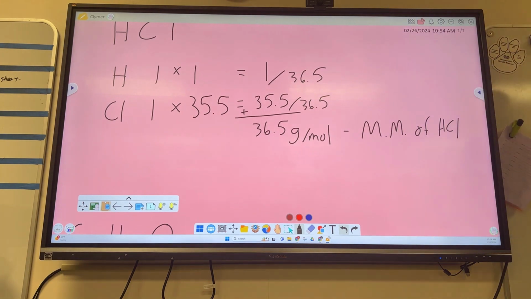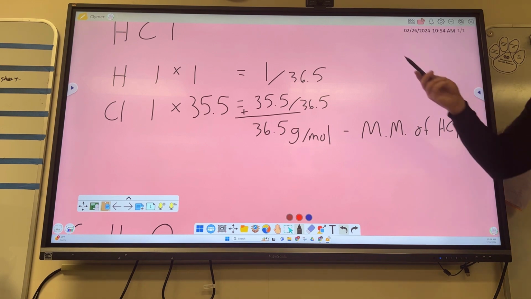Remember, this is like weighted averages back in isotopes, right? The average mass of HCl, the average part of that that's H is much, much less than the portion of that that's chlorine. So you take the individual masses of those elements and you divide that by the total. What do we round to? Same thing, a decimal point or so would probably be fine.